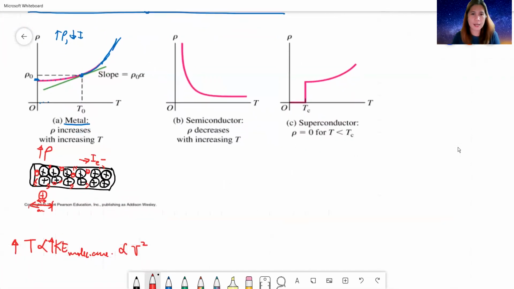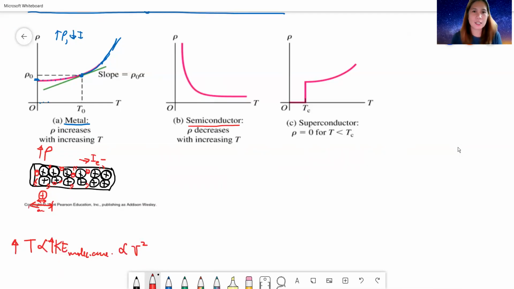If you look at the graph, you see an opposite trend compared to conductors. Semiconductors are materials that are insulators at room temperature, but as its temperature increases, it now becomes a conductor.